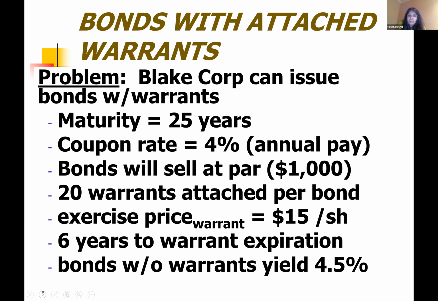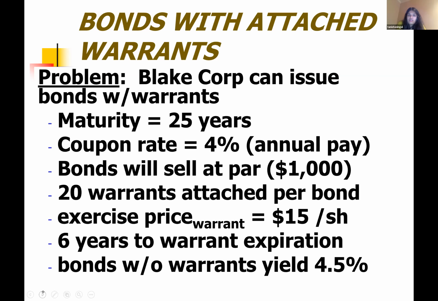Let's assume we have a company, like Corporation. They want to raise money by selling bonds, debt. They want to borrow. But by attaching warrants, they can sell the bonds with a lower coupon payment. Now, a warrant is like a stock option.